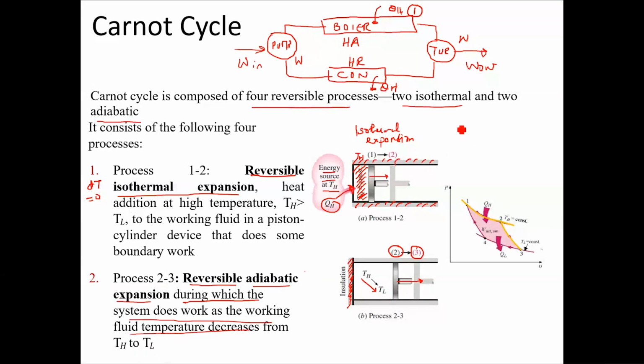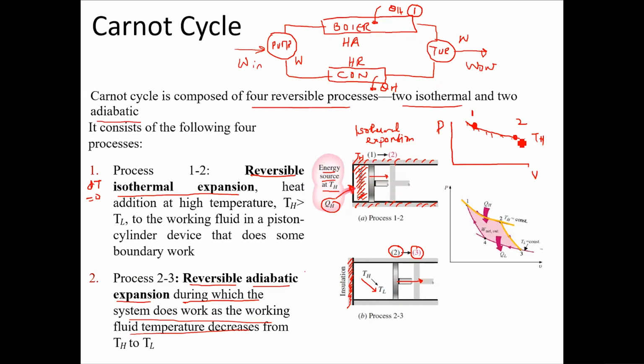These processes are defined on a PV diagram. If I have this PV diagram, the first process is a single constant temperature line. From state 1 to state 2, my volume has increased, but the temperature remained constant at TH.